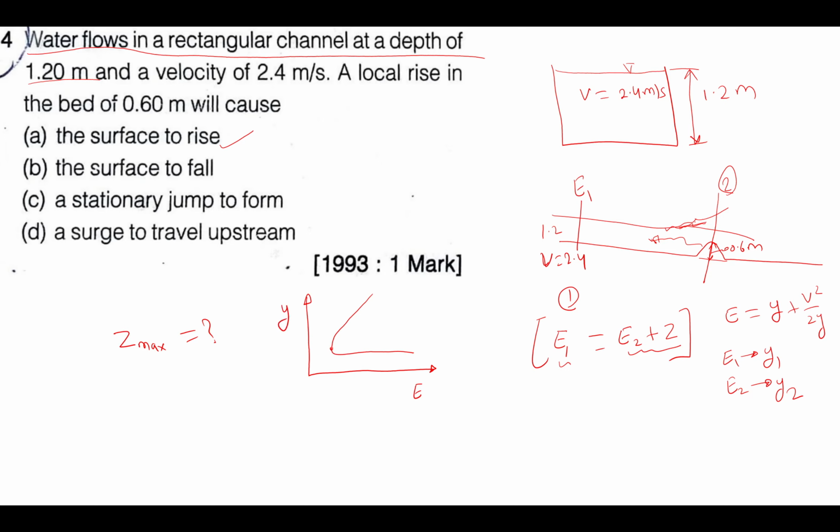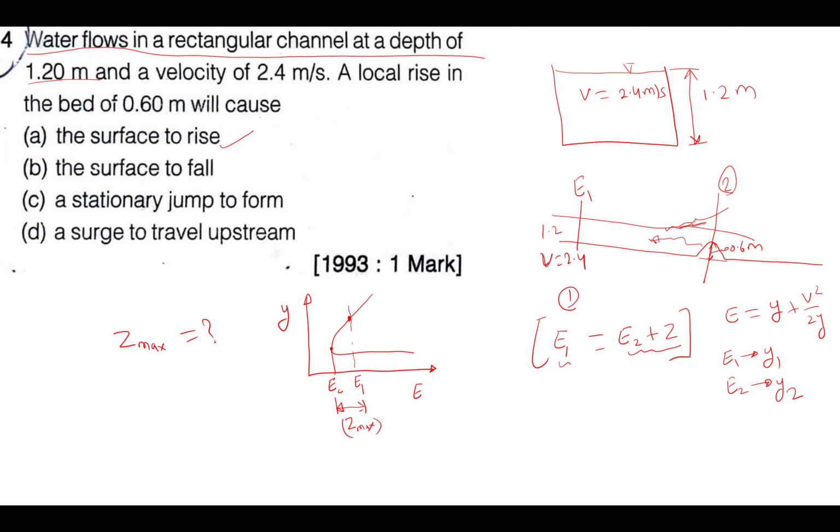This is the critical energy, Ec. If your E1 is here, you can raise the hump by that much, Z max. That is, you can decrease your energy up to the critical energy, not beyond that.